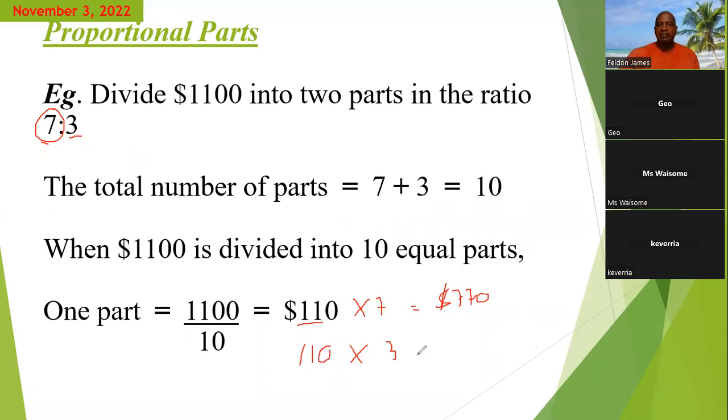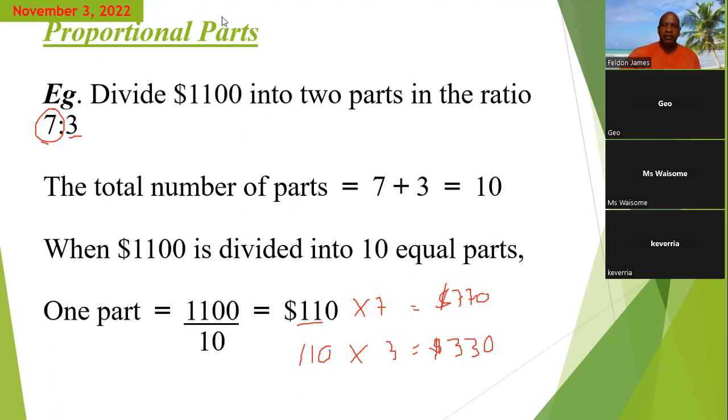All right, so times 3 now, you will see that you will get the $330 for this part. And like before, when you add both shares, you should get back what you started off with. All right, so that's one approach.